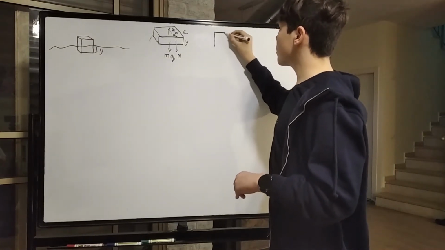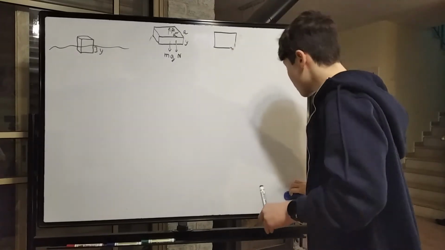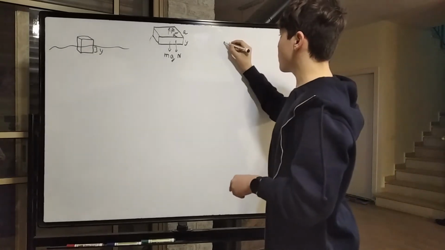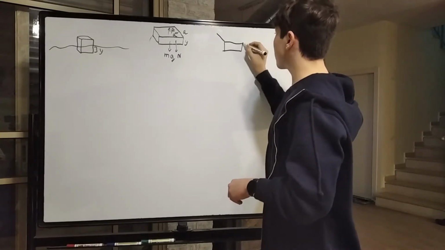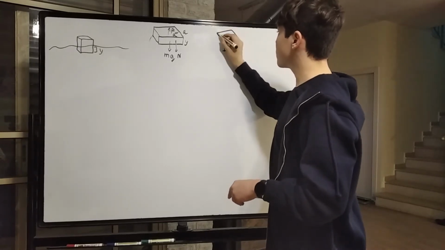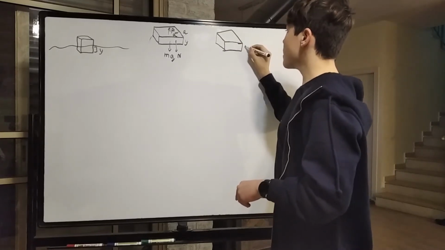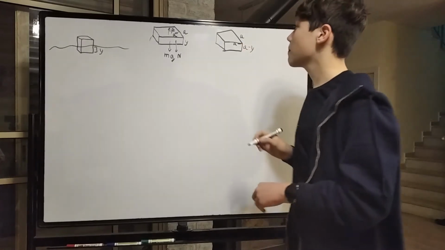So we have something like this. And now this height is a minus y. This is a and this is a.